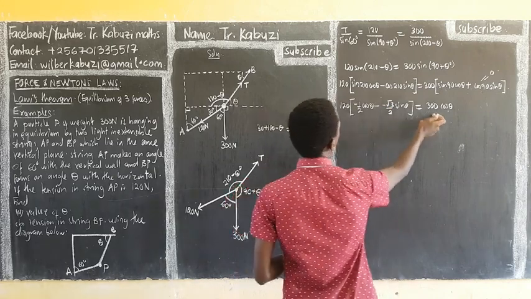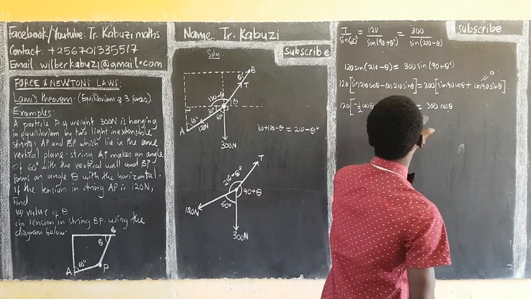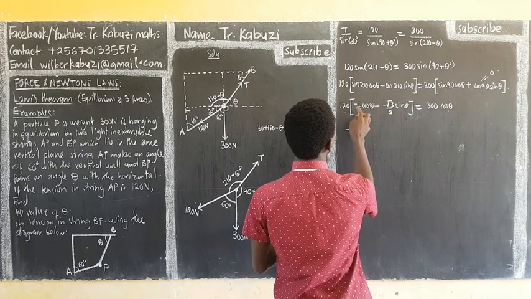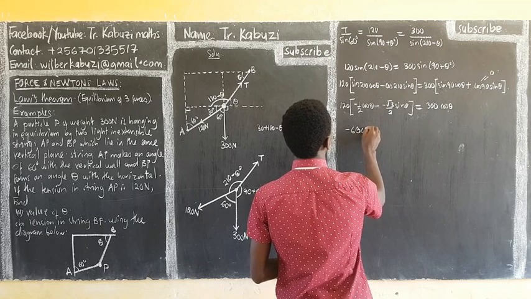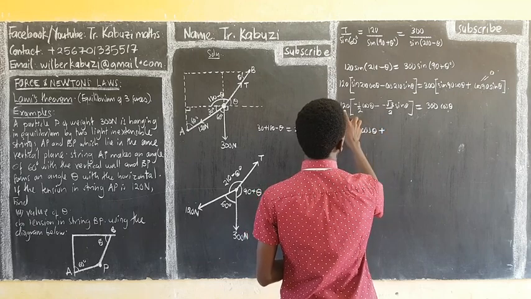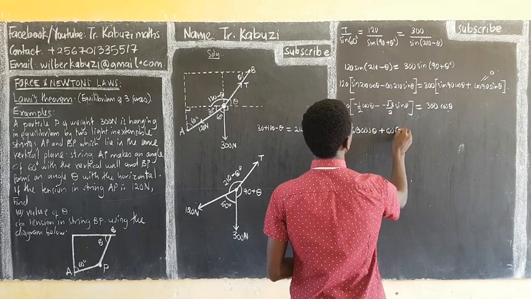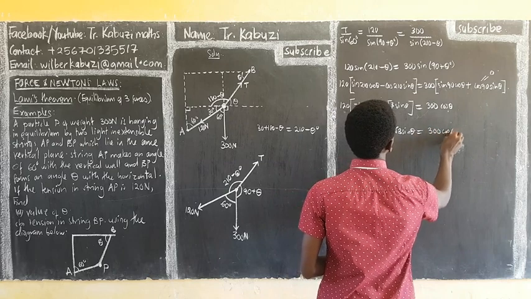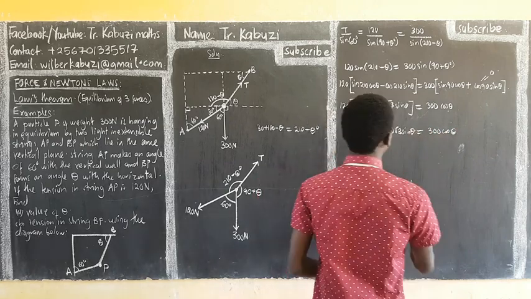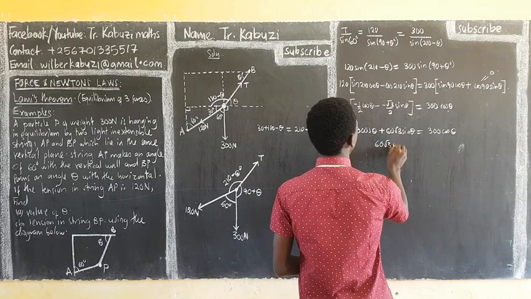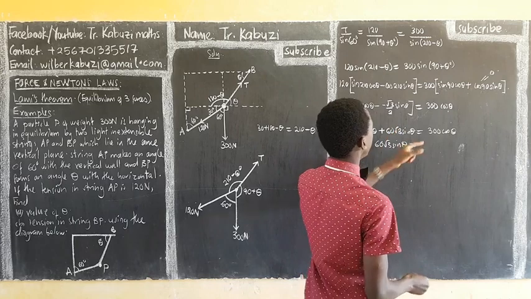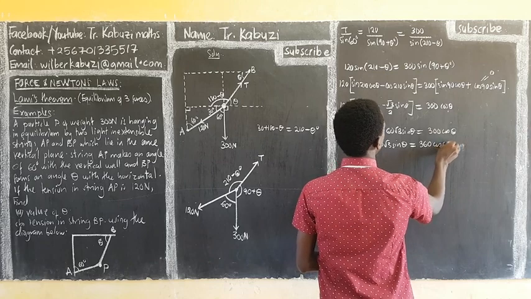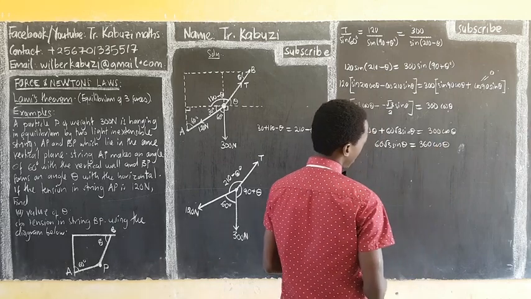If I expand that, I'm going to have negative 60 cos theta, then plus 60 root 3 sine theta, equaling 300 cos theta. When I take this side, I add 60 cos theta, so I have 60 root 3 sine theta equaling 300 plus 60 cos theta, and you can see we are going to get sine theta over cos theta.